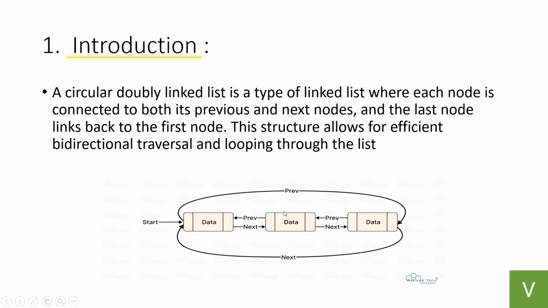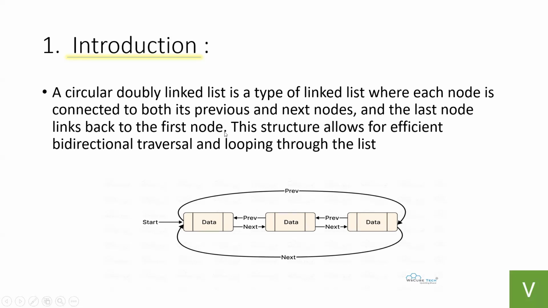It can be of any format like integer, string, character, etc. The third field is the address field, which stores the address of its next node. In the double circular linked list, for the last node, the next link, that is the third field, stores the address of the starting node, whereas for the starting node, the previous link, or the first link, stores the address of the last node. So this is the structure of the double circular linked list.